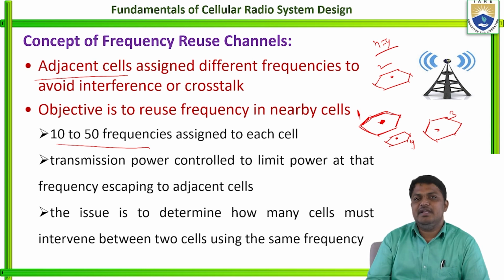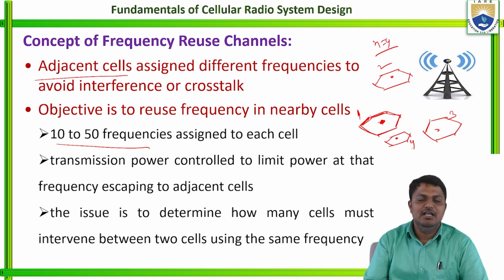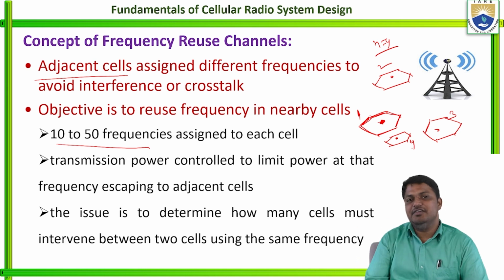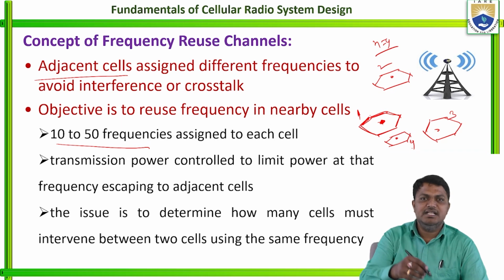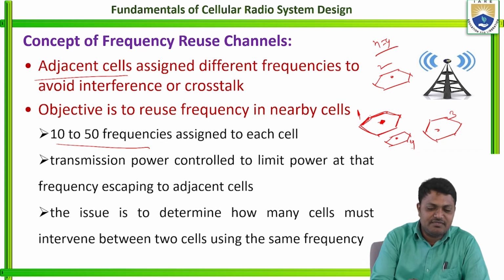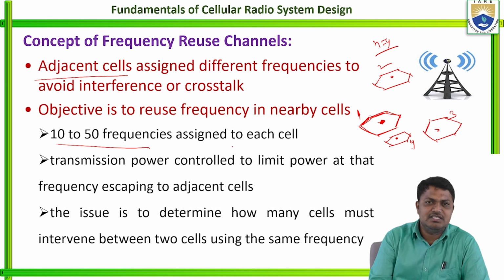When one user is connected to one frequency band, another user is connected to another frequency band, so the interference and crosstalk are reduced. Crosstalk interference is the mismatching of user data, where the data overlap or collide with each other. To reduce the interference, we use the frequency reuse channel concept.